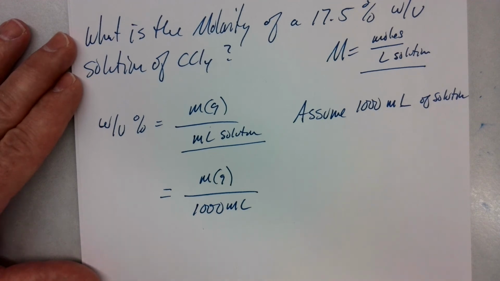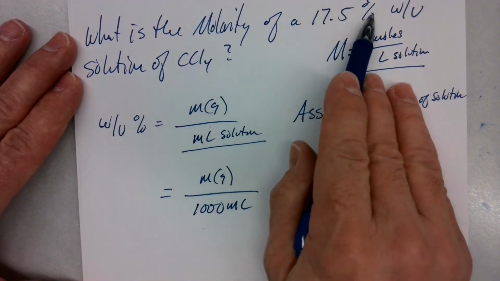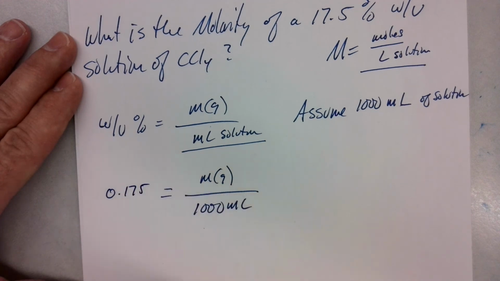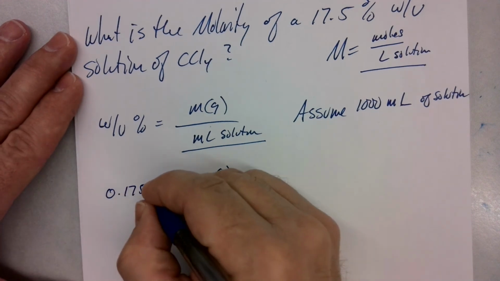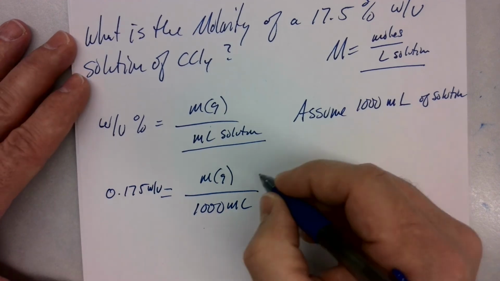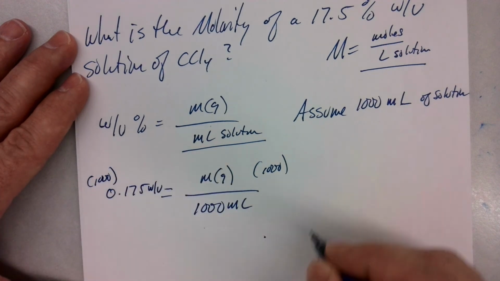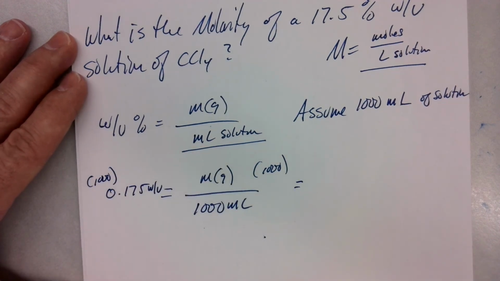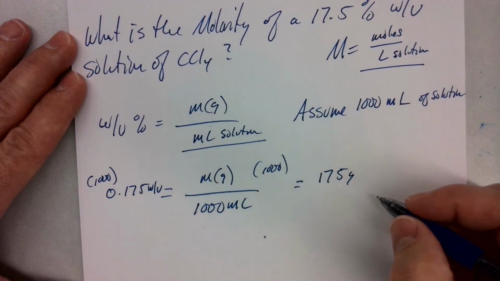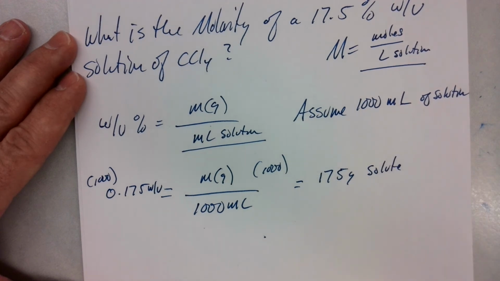Well, to make this math easier, I would simply put this back as a decimal, which would make it what? 0.175. Yeah, 0.175, right? Weight to volume. Now, when I do this math, times by 1,000, that's going to give me what out? 175 grams of solute. Correct?